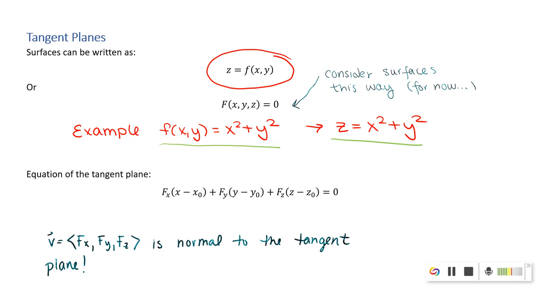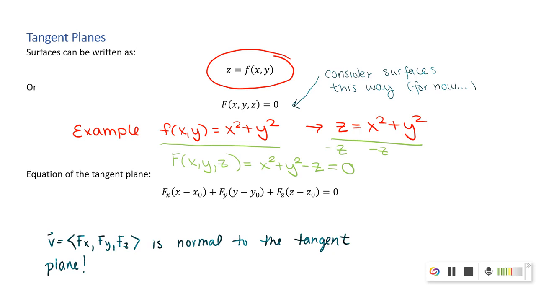We could actually think of this surface as some new function of 3 variables by just moving the z to the other side to set it equal to 0. In this case, I mean subtracting the z from both sides. So we can think of this as the function x squared plus y squared minus z equal to 0. So we can think of it as a function of 3 variables that has been set equal to a constant.